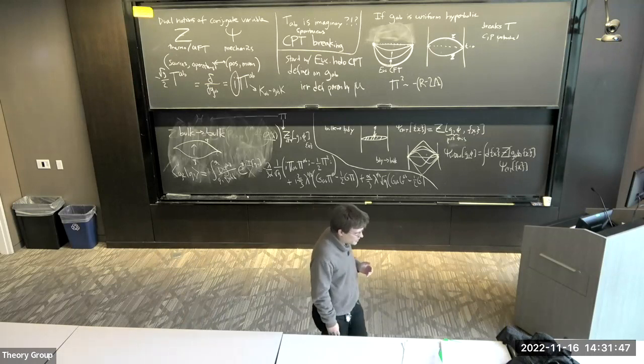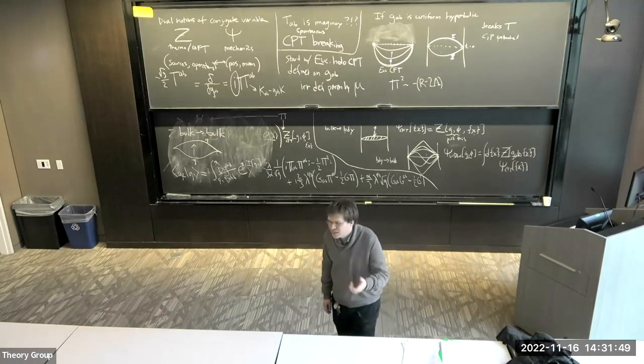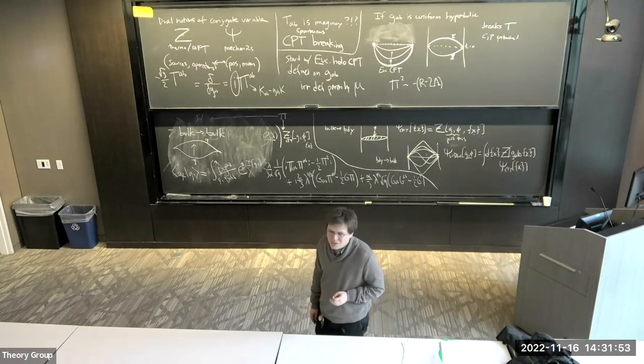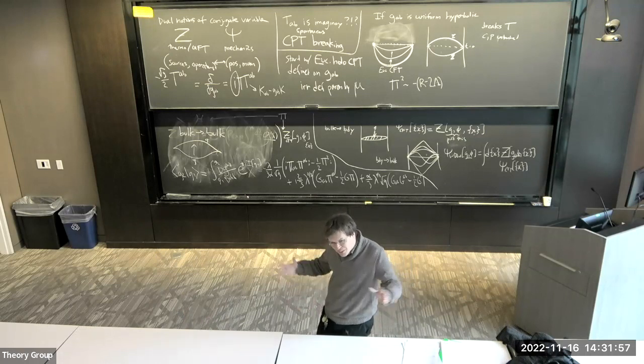This is a magical thing that happens at d equals 2 that makes the theory exactly solvable at the level of the spectrum. Now, you could do this for any quantum field theory, and in a holographic theory that's dual to pure gravity, it's the right thing to do.